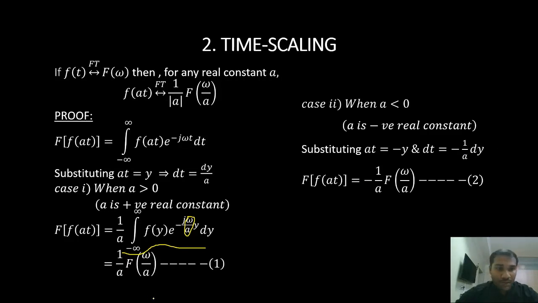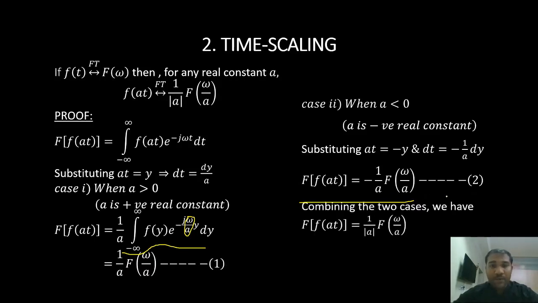If you follow the same procedure, we arrive at this equation: the Fourier transform of f(at) is equal to negative 1 by a F(ω by a). So we combine these two equations, 1 and 2. If we combine them, we can write the Fourier transform of f(at) equal to 1 by mod a F(ω by a).